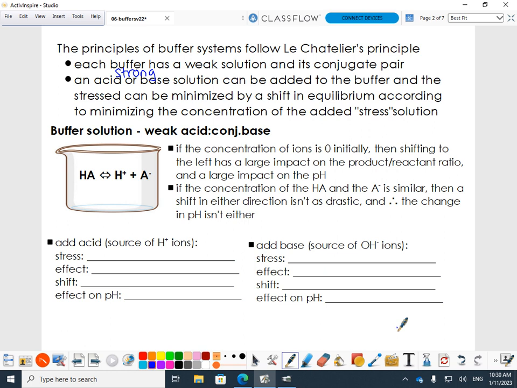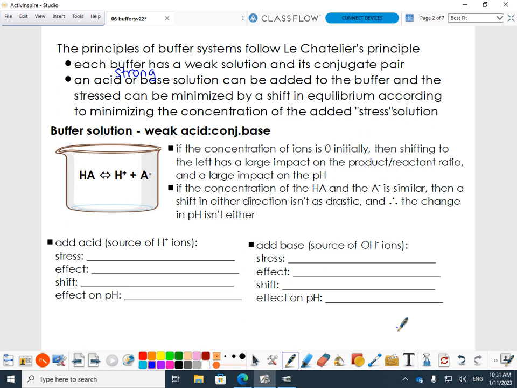If you have an acid and you add hydrogen, it's obvious where the stress is. If you add hydroxide, there is no hydroxide here. So again, you have to think about what happens. But it's very similar to what we've done before.